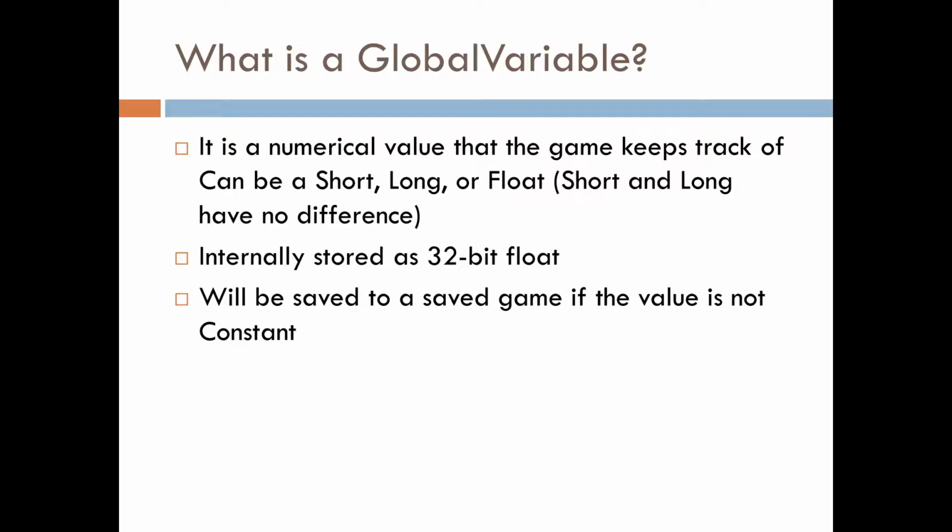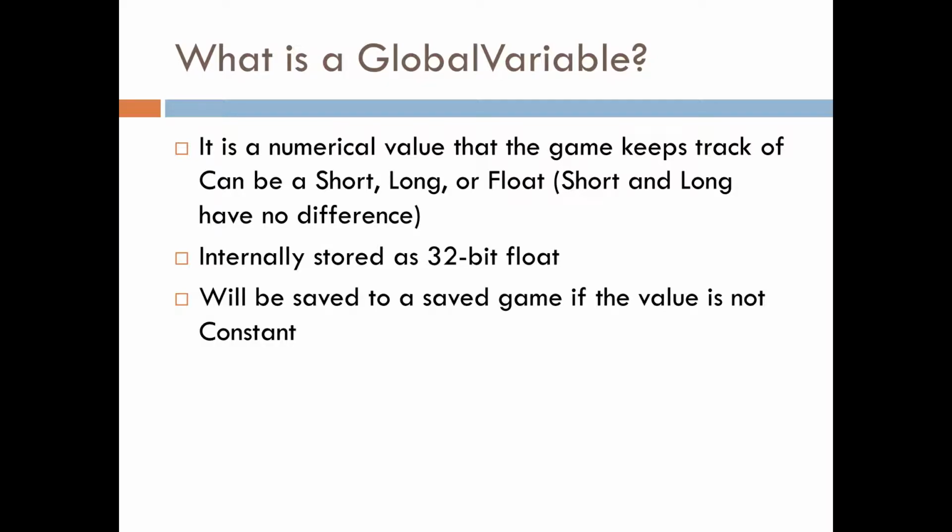Short and long in the game mean the same thing though, so I'm not sure why the Creation Kit makes that distinction. Basically, short and longs are integer types. Short being typically an 8-bit or 16-bit integer, at least in the programming definition, and a long being a full 32-bit integer. And then a float acts like the normal float that we've talked about in the past.